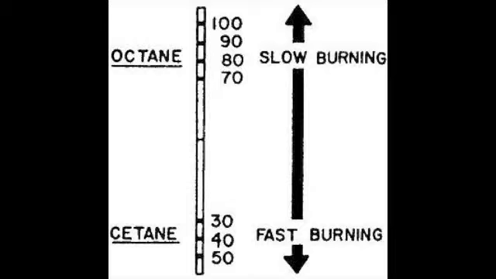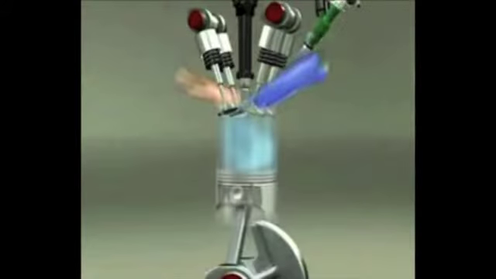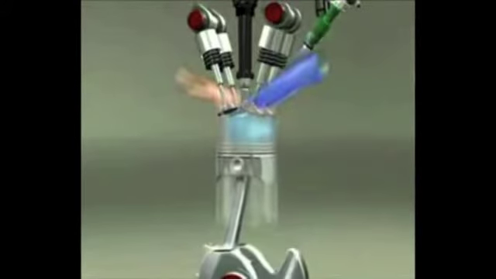The higher a gas's octane rating is, the slower it will burn. This means when it's compressed inside the cylinder, it resists self-igniting more than an octane rating of lesser value.